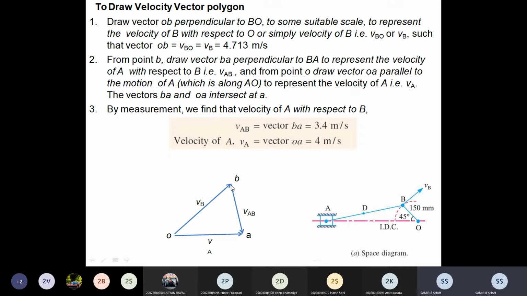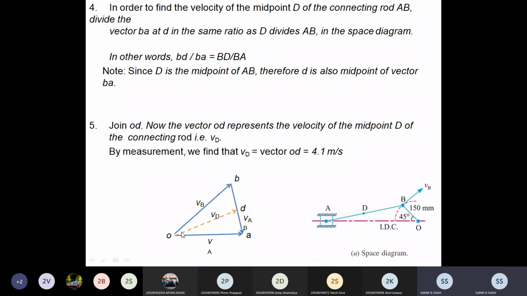We start with B, but we don't know the end point, which may intersect anywhere, and that point is your A. Now you just scale it, or you just measure that dimension, so you get the velocity of that dimension, and finding the center point or the midpoint, we have the equation as we discussed earlier.